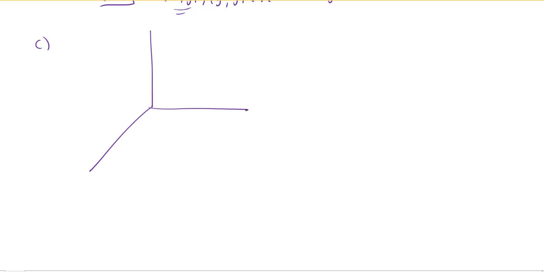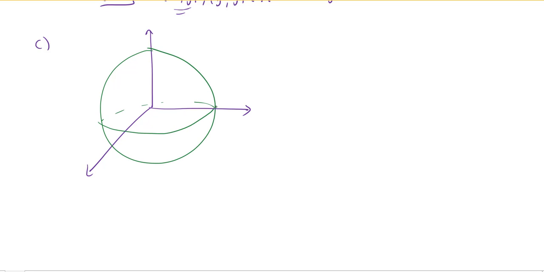So here we go. We have our nice sphere. And what we know is that if you take any point, say in the upper hemisphere, so say I have a point up here, there's going to be a unique line that goes through the origin.